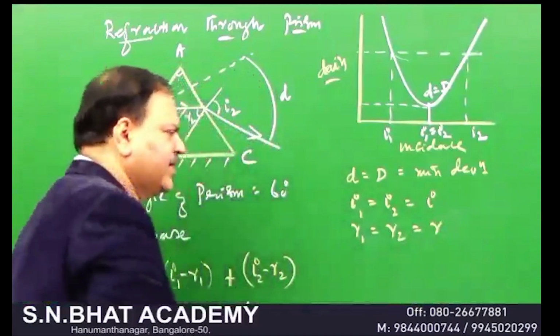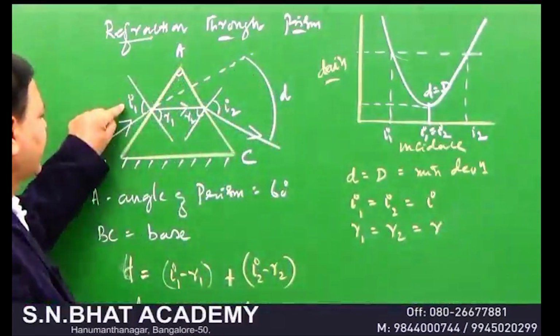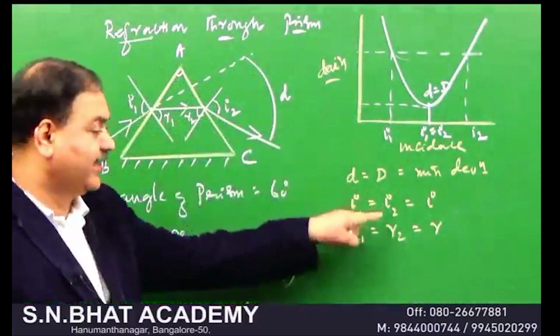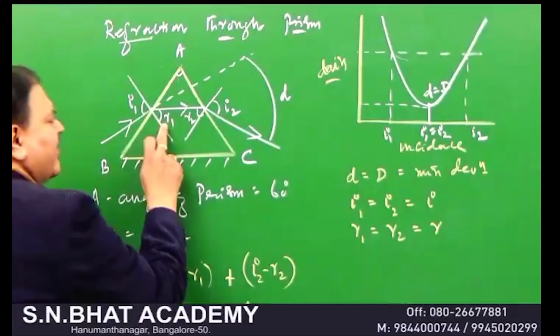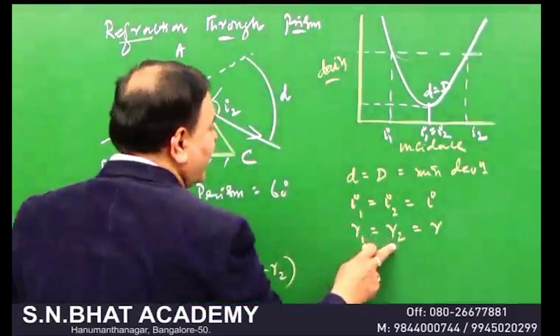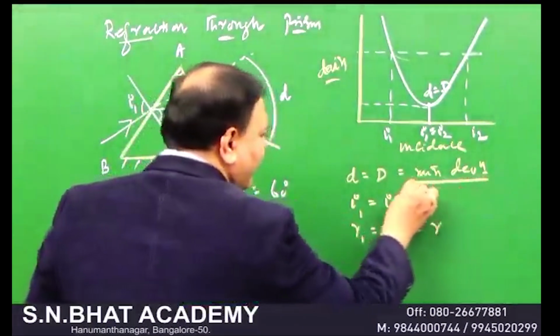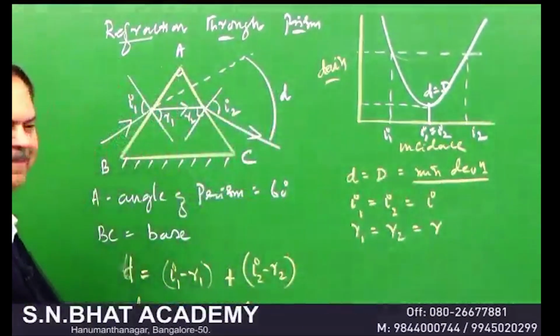That means if the light is incident at 30 degree, it will emerge at 30 degree. If R1 is 20 degree, R2 is also 20 degree. This is possible only in the minimum deviation condition.